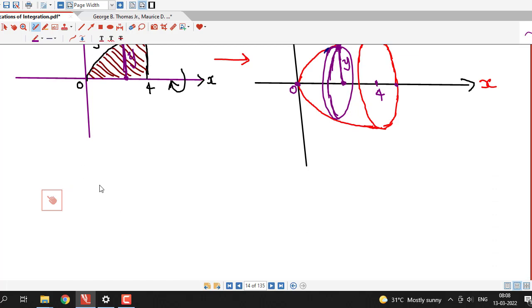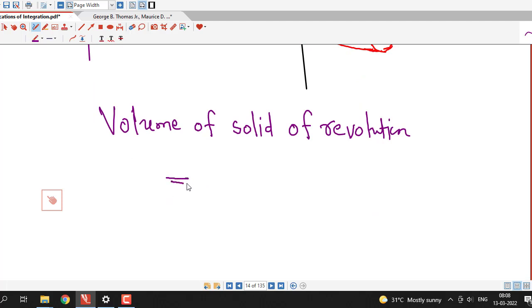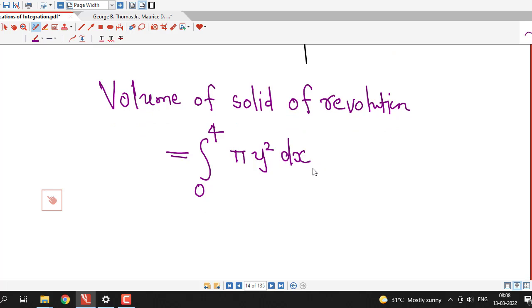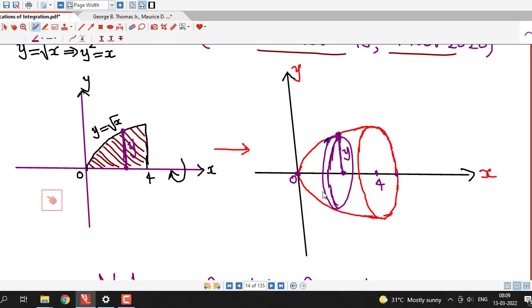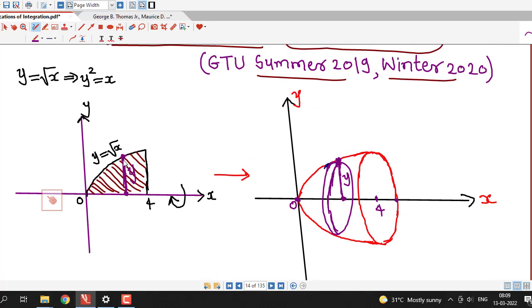So by the disc method, the volume of the solid of revolution generated by revolving a plane region is going to be the integral from x equal to 0 to 4 of the base area, which is pi times y square, times the height, which is delta x, that we obtain as dx, by taking all possible cross sections which are circular discs. Now the value of y is the distance between these two.